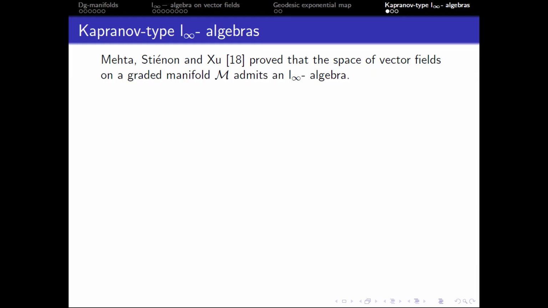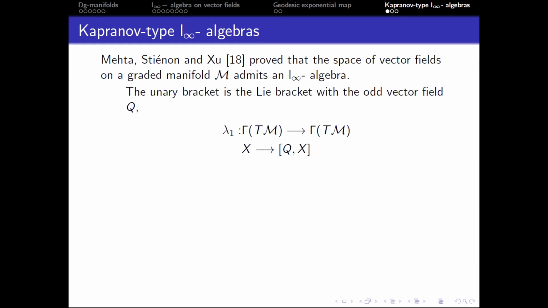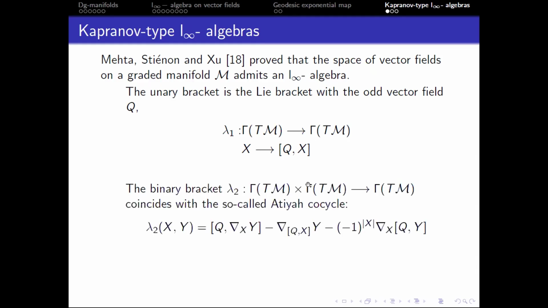So the thing with this structure is that they don't have this curvature term. They just define the unary bracket in this way. So we just consider the Lie derivative along Q of the vector field X. As for the binary bracket, this is the so-called Atiyah cocycle.